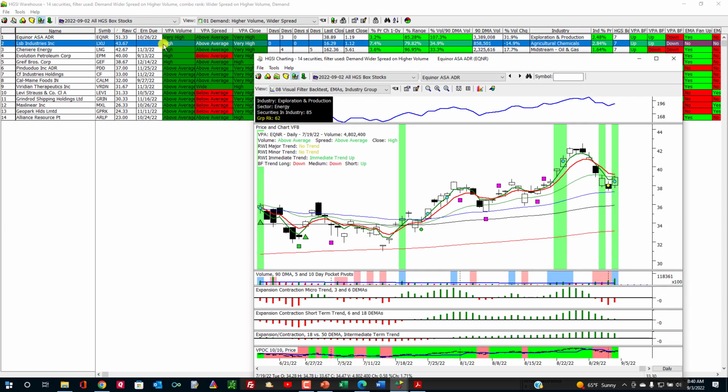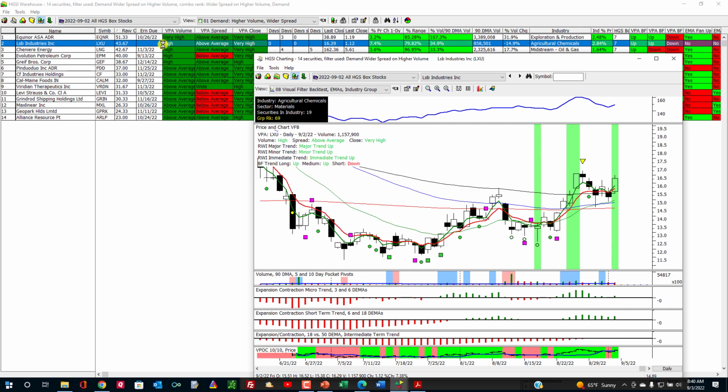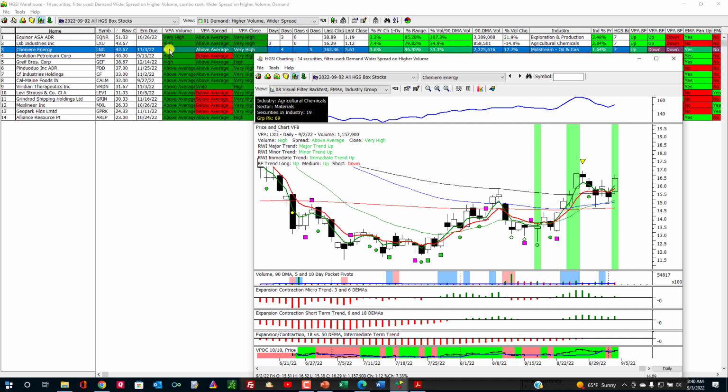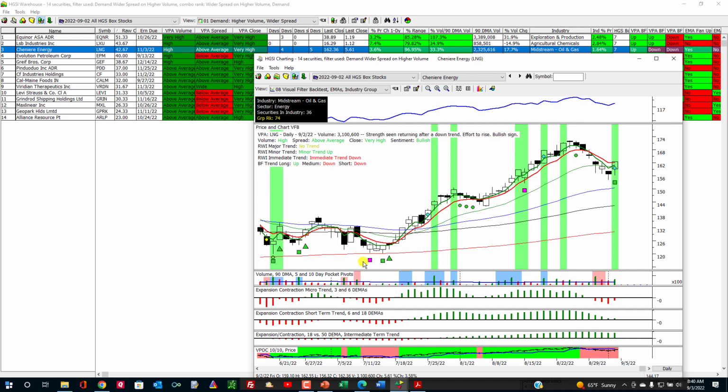I'm just going to flip through a few of these, and you can see where the demand flags showed up. And if they followed through, there was demand here, didn't go anywhere. There was demand here, and several more. There's demand again.